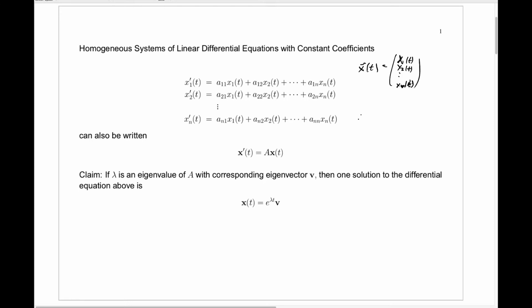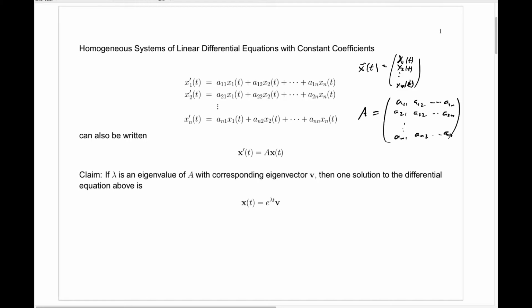And our matrix A is what we'll call the coefficient matrix, a11, a12 through a1n. All the way to an1, an2 to ann. So with these as our x and our A, this system of homogeneous linear constant coefficient differential equations becomes x prime of t is Ax of t.